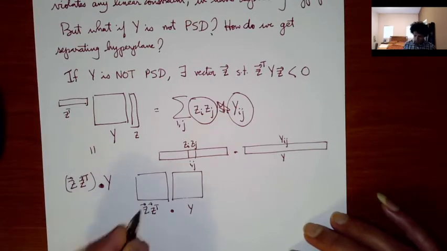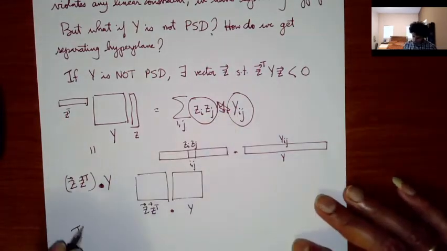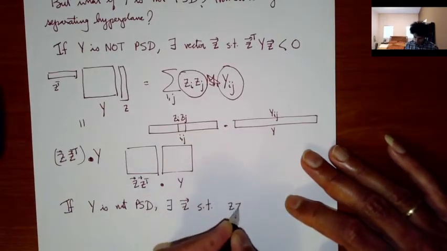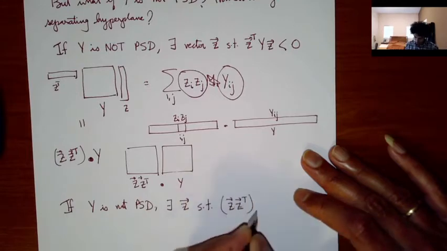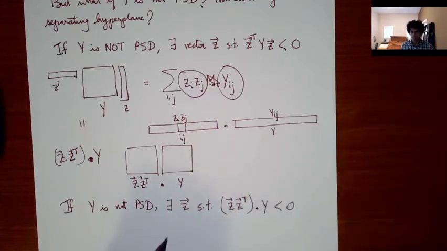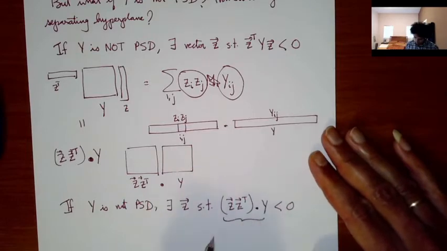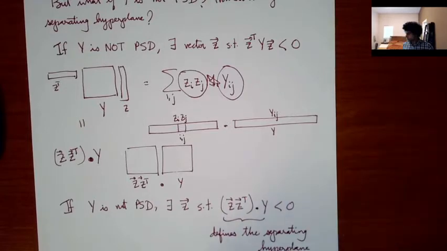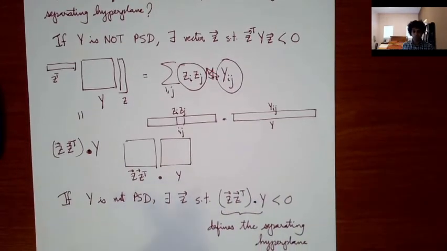That's equivalent to saying that there exists a vector Z such that the outer product ZZ transpose dot Y is less than 0. This defines the separating hyperplane.